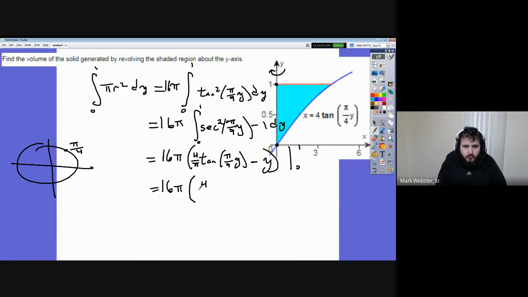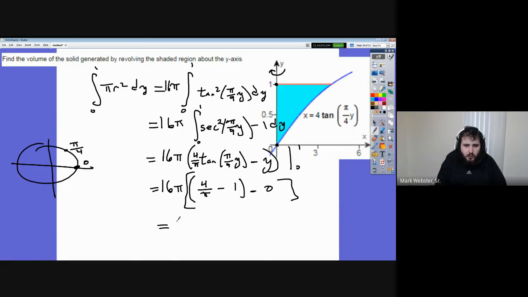So this is just 4 over pi minus 1, right? And then we're going to subtract at 0. Well, what's tangent at 0? 0 times pi over 4 is 0, and tangent at 0 is 0, right? So this all is 0. Hey, much better.